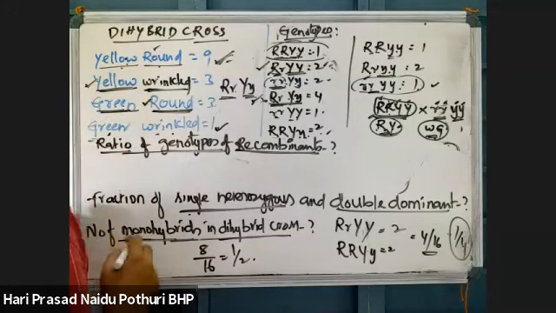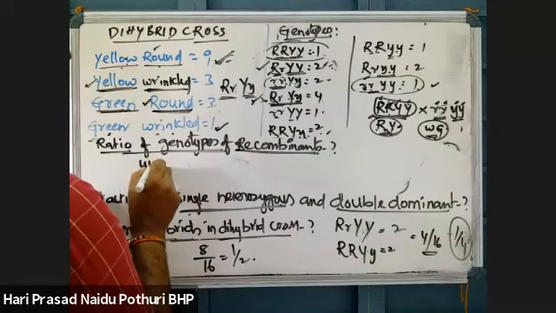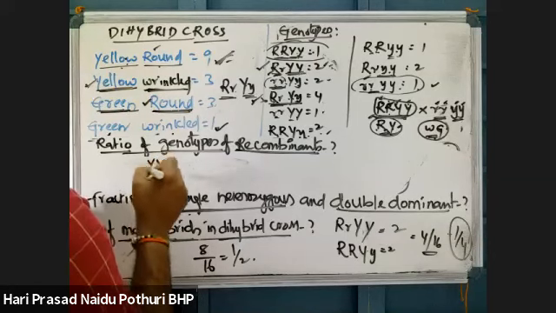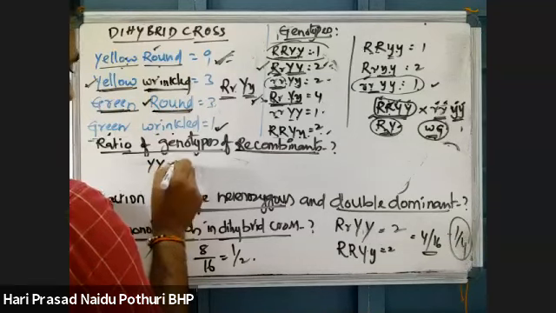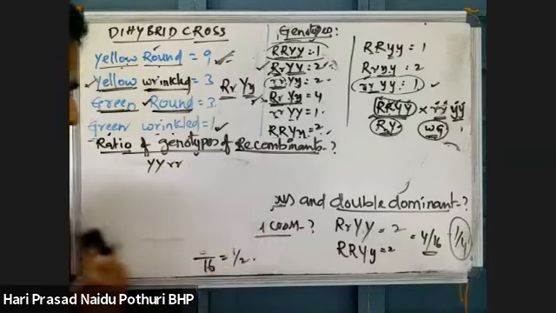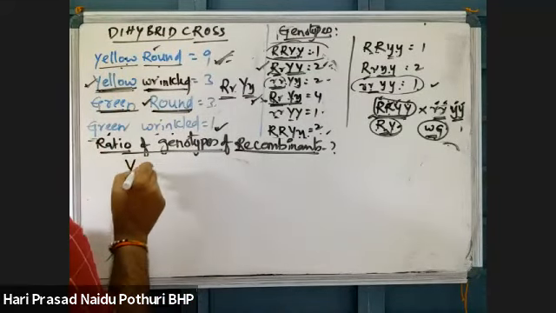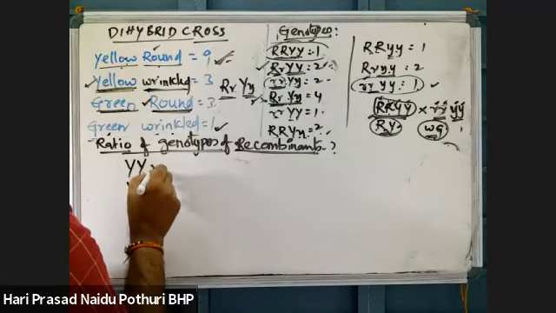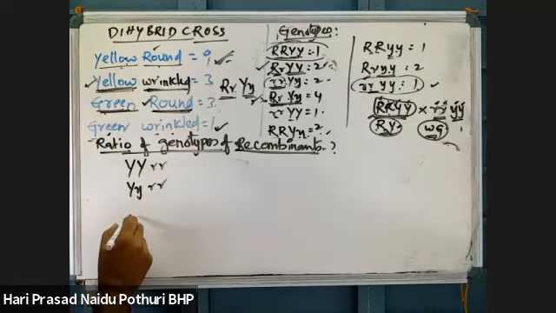Yellow wrinkled. What is yellow wrinkled? Yellow wrinkled means capital Y is yellow. Wrinkled means this one. I will erase everything so that you can understand. Yellow means capital Y capital Y or capital Y small y. Wrinkled means small r small r. And green round means small y.